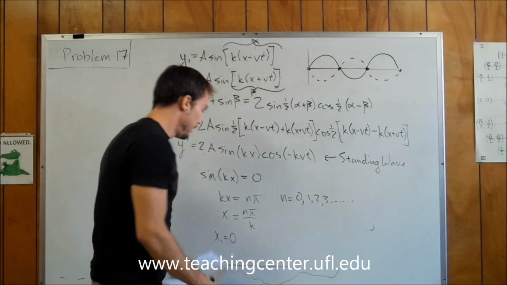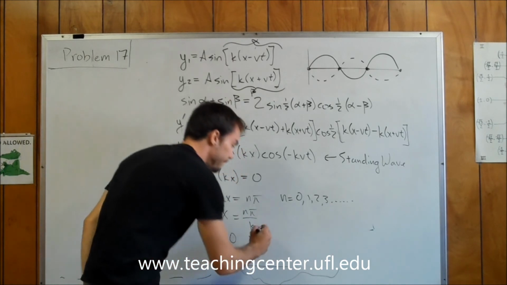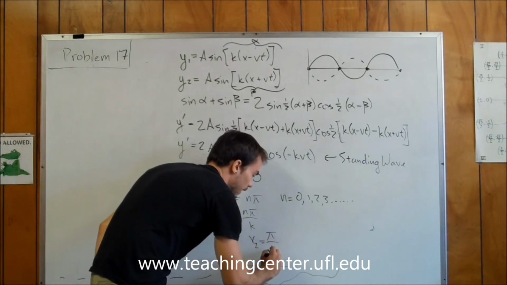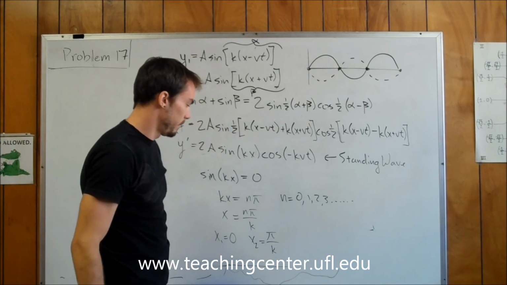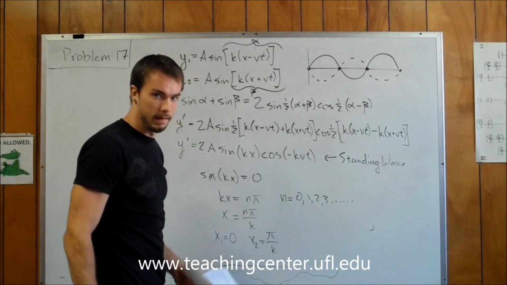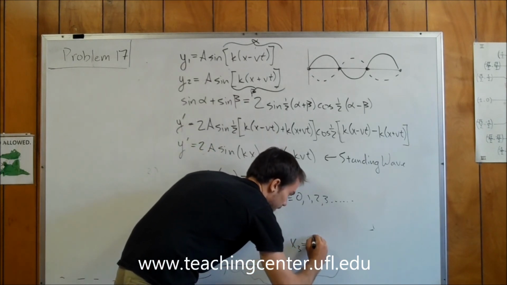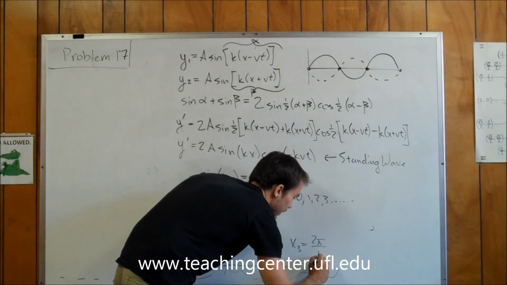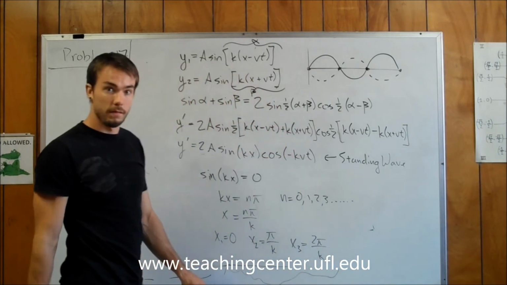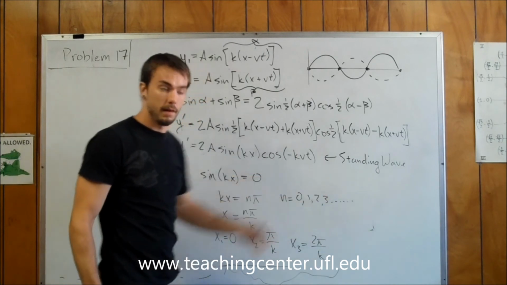The second occurs when n is equal to 1, at pi over k. Now k is still a variable, but everything they gave us is variables, so that's fine. The next one occurs at 2 pi over k, and with those 3 we can definitely see a pattern. Next is 3 pi over k, 4 pi over k, etc.